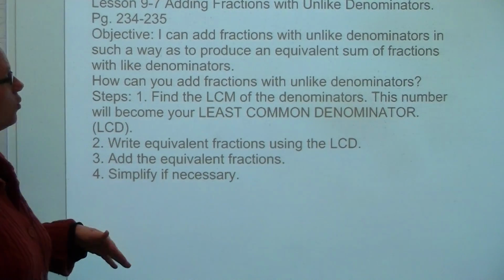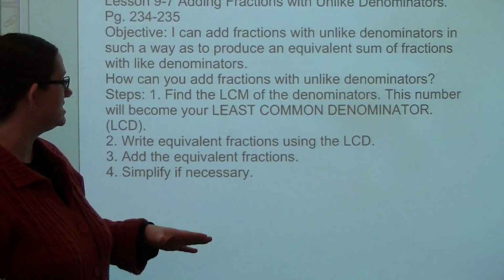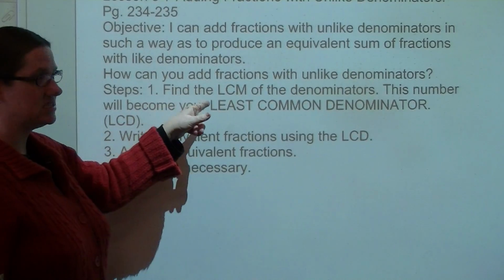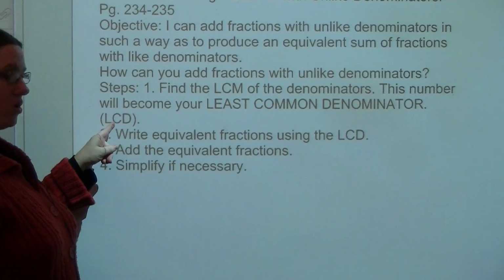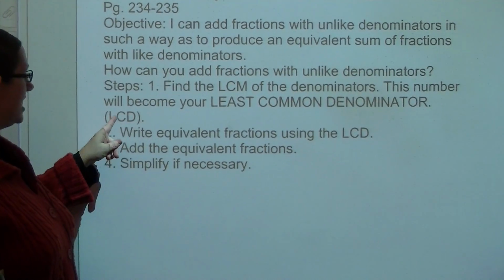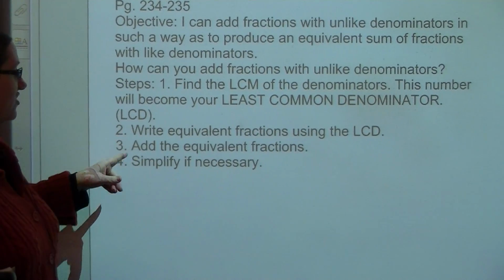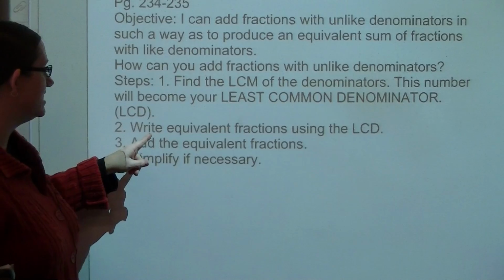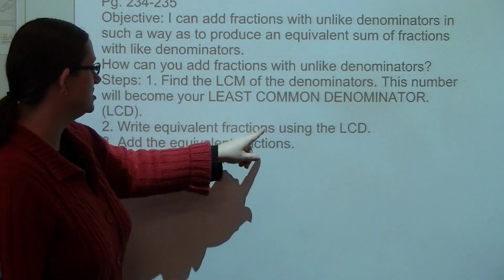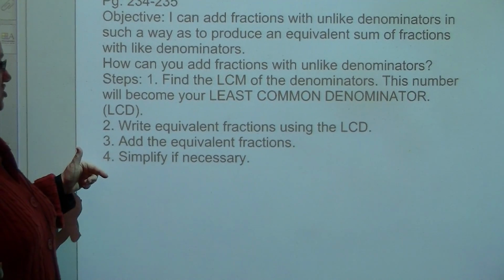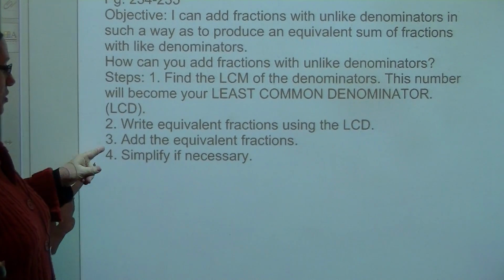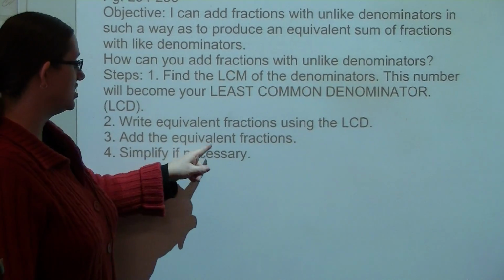So the first step when you have to add fractions with unlike denominators is to find the LCM of the two denominators. Once you've found that LCM, or what we're going to call our LCD, you're going to take the LCD and write equivalent fractions. So step 2 says write equivalent fractions using the LCD. Okay? Once you've made your equivalent fractions, step 3 will then be to add those equivalent fractions.